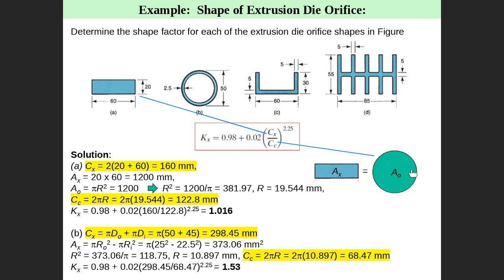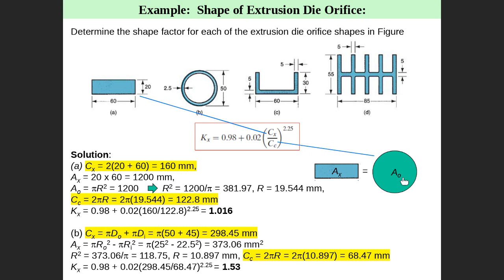Then Ax equals Ao, right? Ao equals pi r squared. Then pi r squared equals 1200. Then r, the radius, can be obtained. Then the perimeter Cc equals 2 pi r, with the r we obtained here.